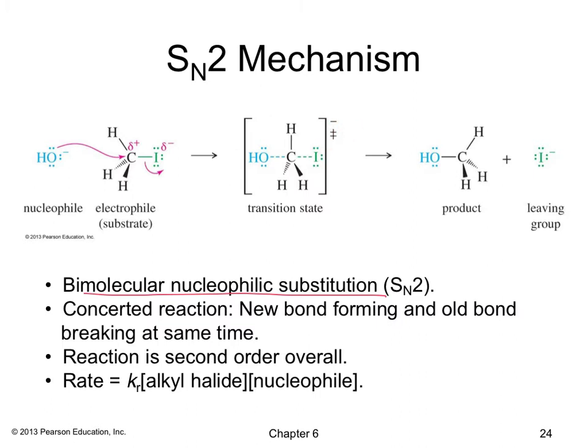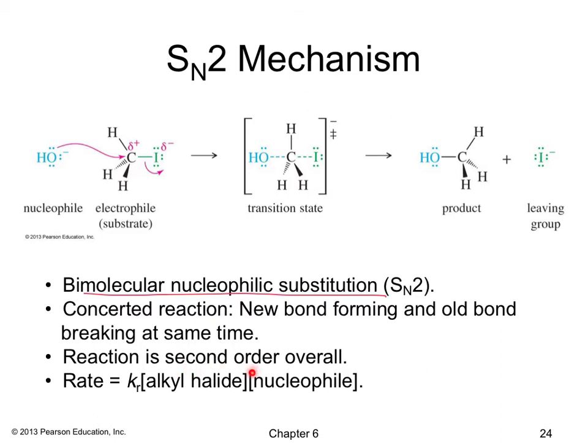Remember, there's a double dagger in the transition state, and it's slightly negatively charged. And you see here what's happening with the hydroxide coming in and the iodine being kicked out. And then the product is your alcohol with your leaving group. Again, it's a concerted reaction, a new bond forming and an old bond breaking at the same time.